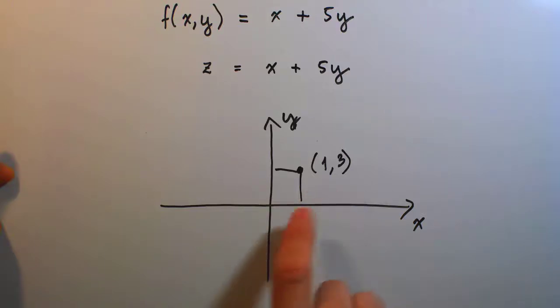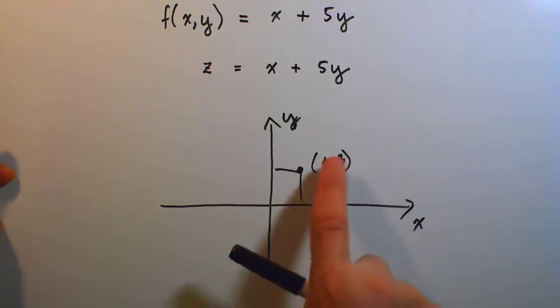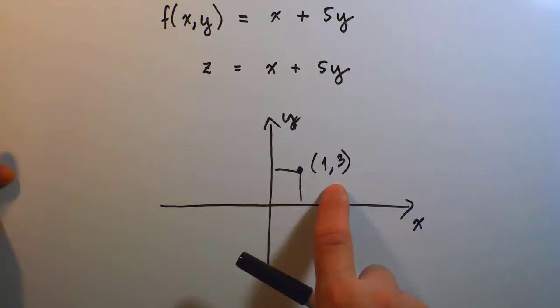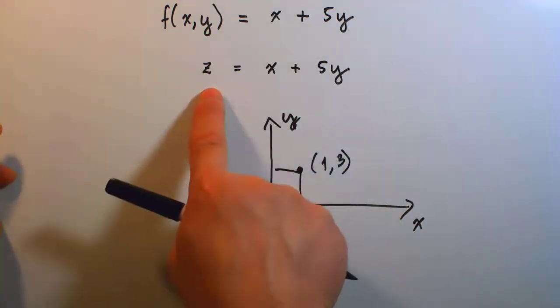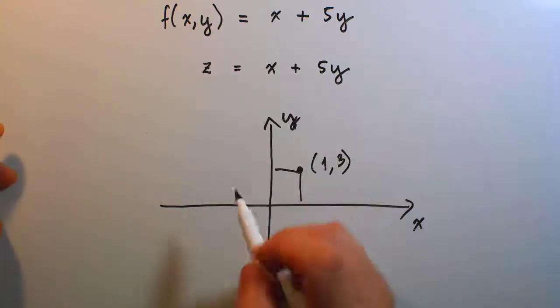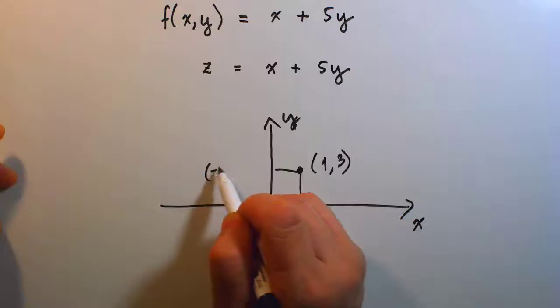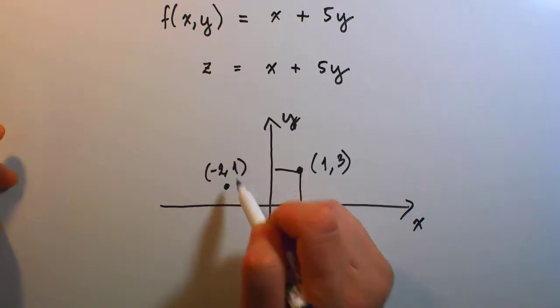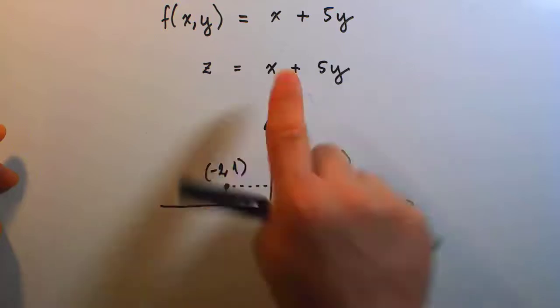This pair of values, graphically speaking, is a point in the x and y plane. And this pair of values, or graphically as a point here, was an input pair of values for our function z to get an output. And so if we think of another pair of values, let's say here, -2, 1, then we have another pair of values to substitute into the function here.